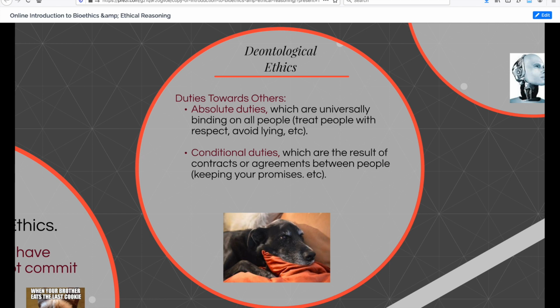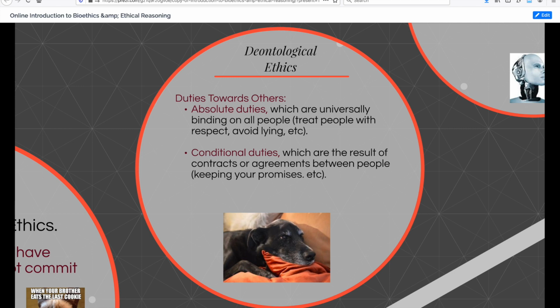Whereas conditional duties largely focus on contractual duties. They're the result of contracts or agreements between people. Or animals, in the case of Turtle. So this is my dog, Turtle, and if I promise, see, it's an if-then statement. If I promise Turtle that I will take her out on a walk, then I have a conditional duty to take her on a walk.